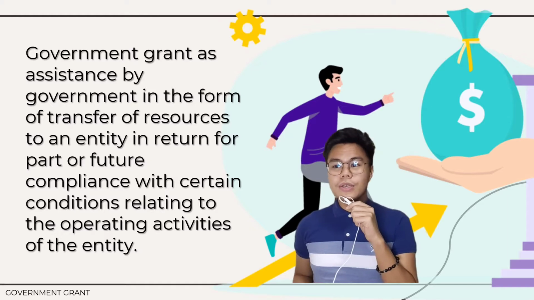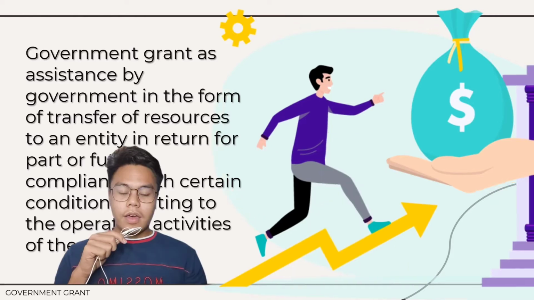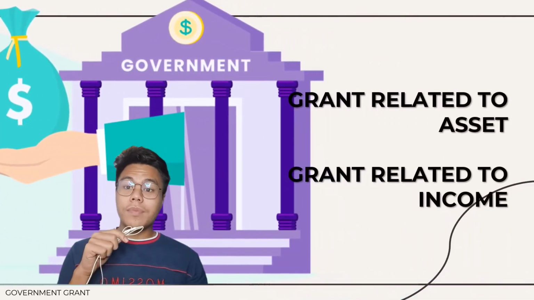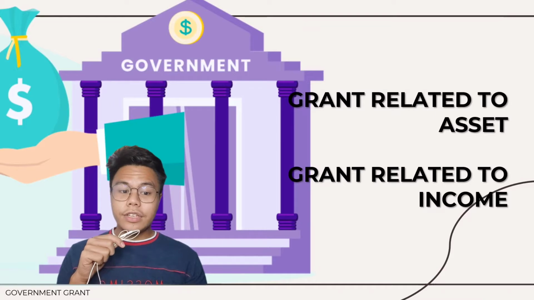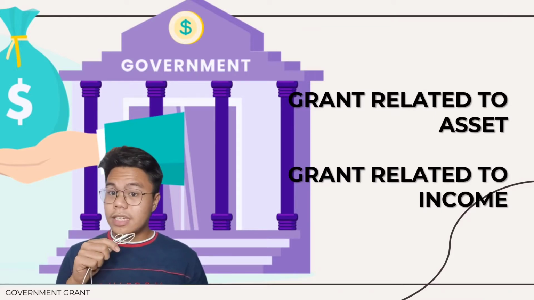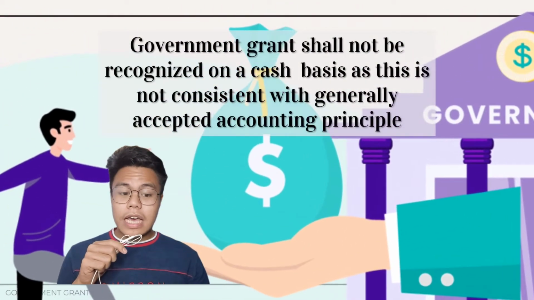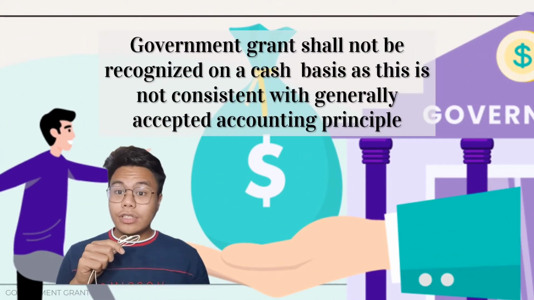All right. So let us look at the two types of government grants provided to an entity. The accounting treatment for government grants is associated with two types, and that is grant related to asset and grant related to income. First, we will tackle the grants related to income.